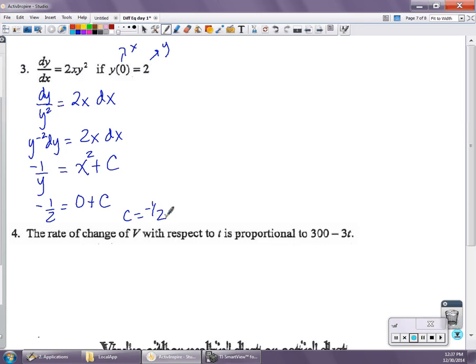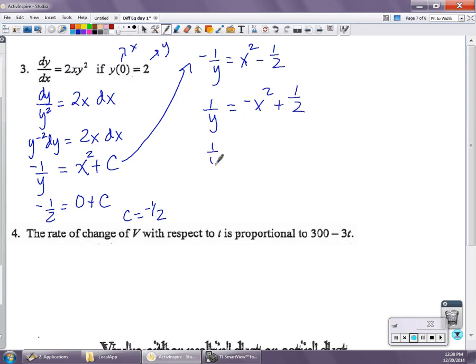So c is equal to negative 1/2. I'm going to come back to this step, substitute the value of c. I get negative 1 over y is equal to x squared minus 1/2. Remember, I'm trying to solve for y, so the first thing I'm going to do is multiply everything on both sides by negative 1. So I get 1 over y equal to negative x squared plus 1/2.